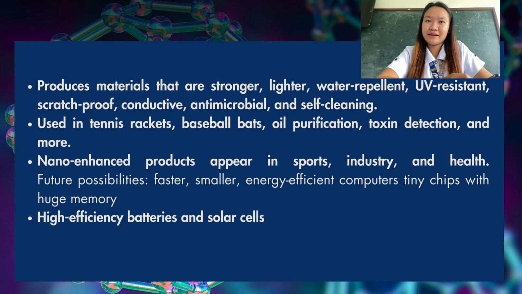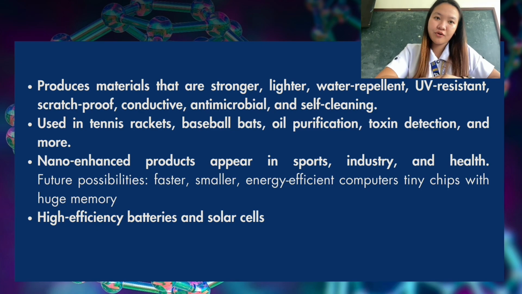They are used in tennis rackets, baseball bats, oil purification, toxin detection, and more. Nano-enhanced products appear in sports, industry, and health. The future possibilities of nanomaterials are faster, smaller, energy-efficient computers, tiny chips with huge memory, and high-efficiency batteries and solar cells. And that's all for my part.